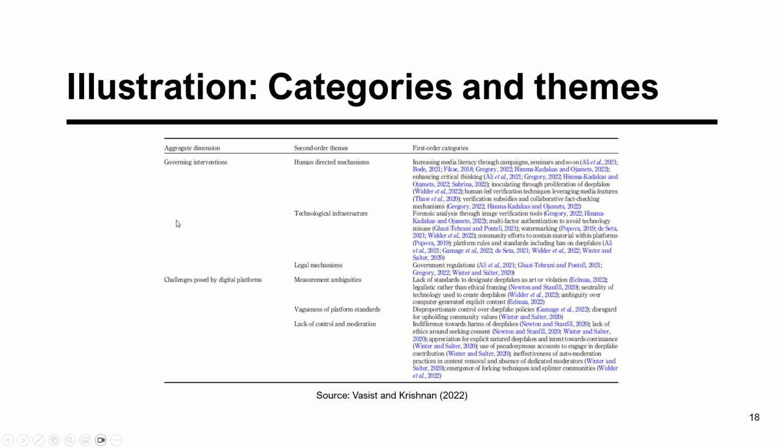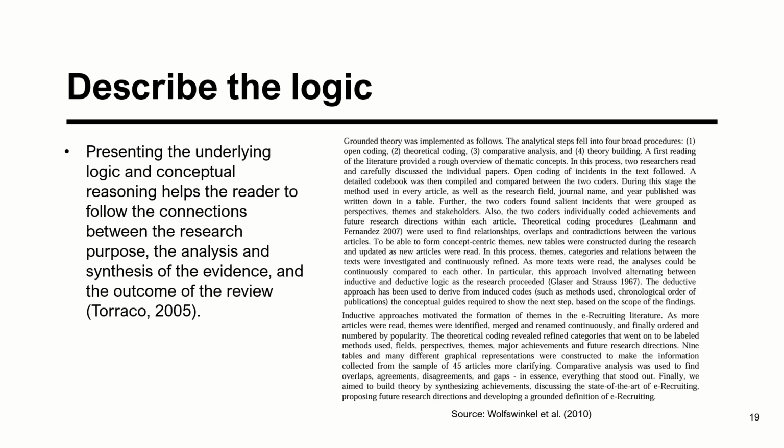Again, just going back to some of these themes and aggregate dimensions, you will see here that there were several first order categories which roll up to second order themes, which then roll up to a governing intervention or challenges posed by digital platforms and other dimensions, which are aggregate dimensions. Describing the logic, that's where we talked about documenting the process.